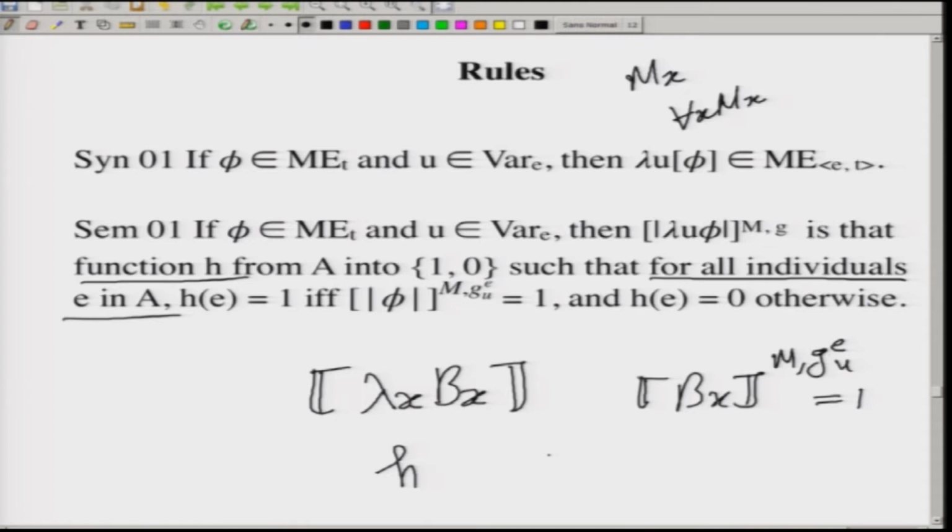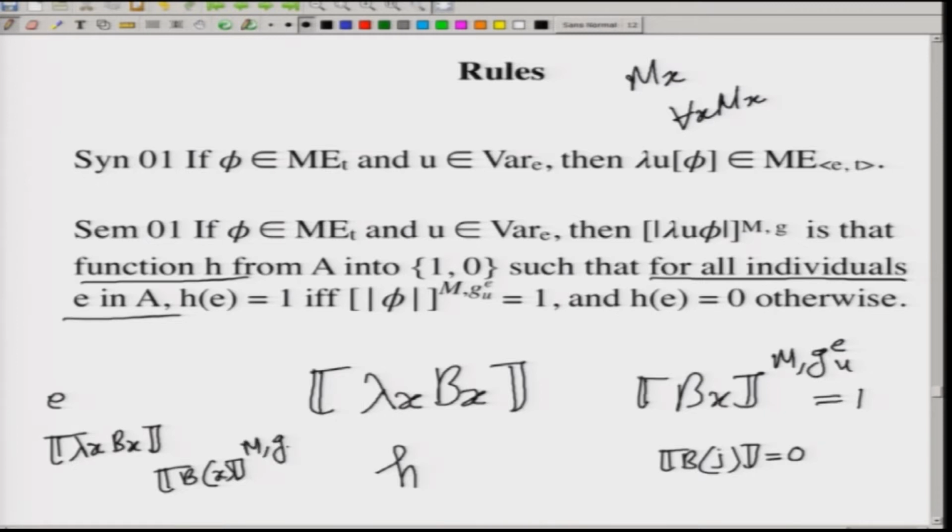Now, we know that B j is 0, right. That means, at least for one assignment, there is at least one e such that B x with respect to m is 0.